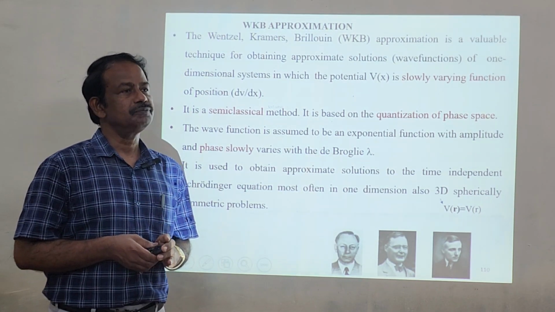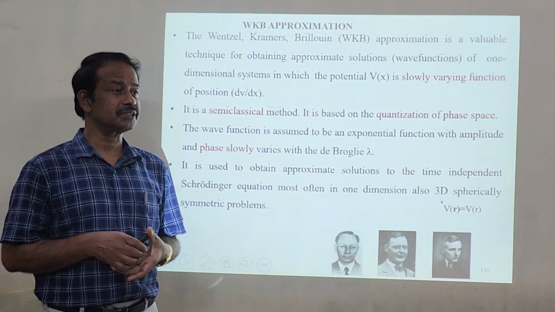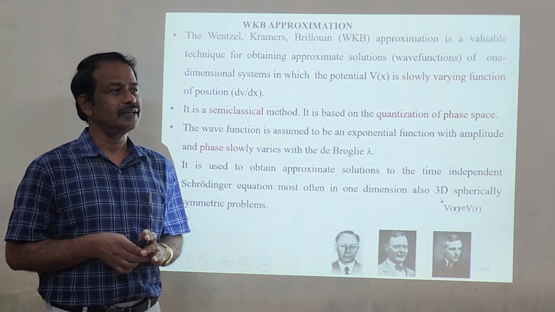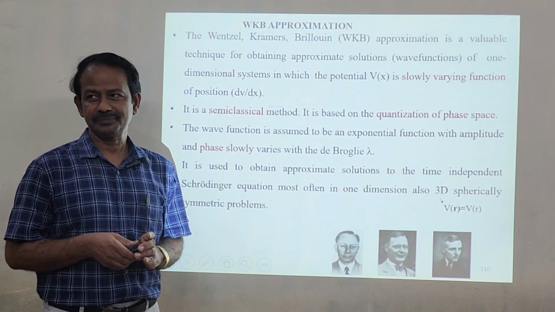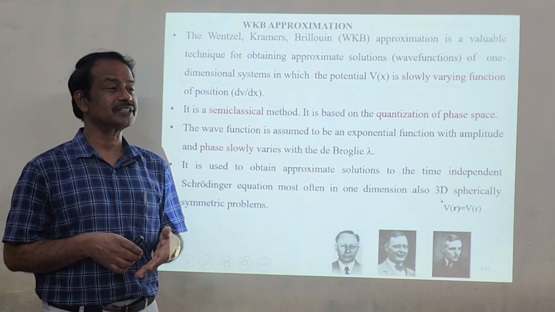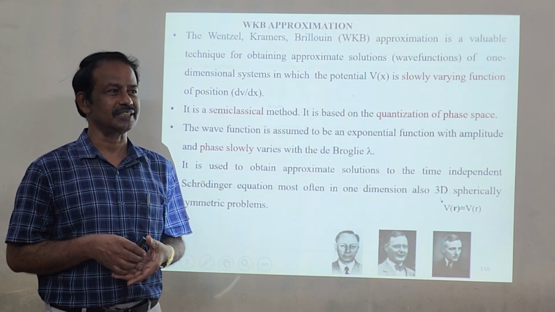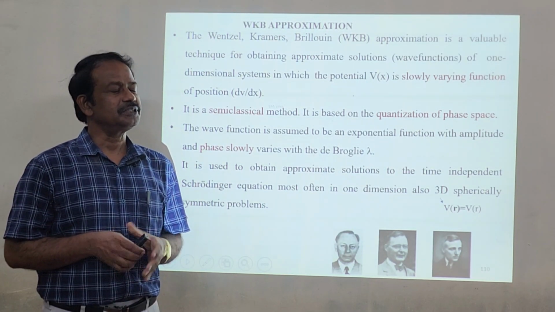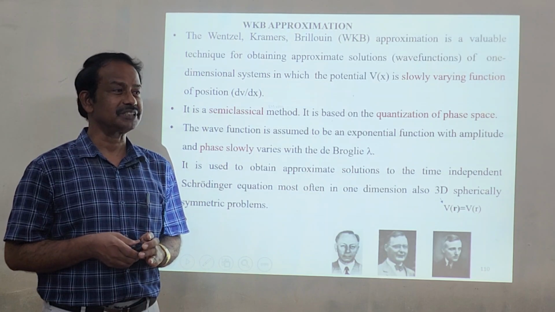Most of the systems that exist are non-ideal systems, so we have to go only with some approximation. So approximate solutions, approximate energy, for which we thought about the perturbation method.